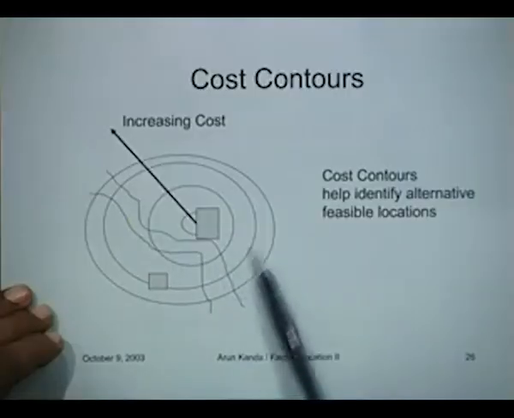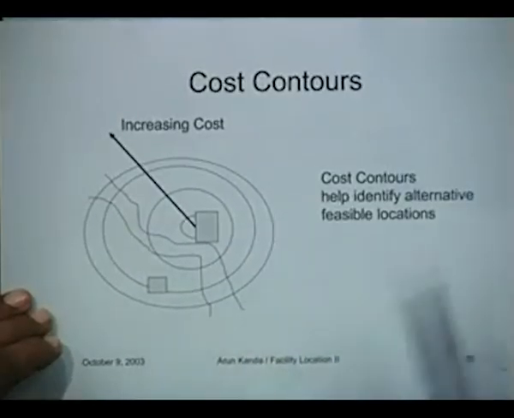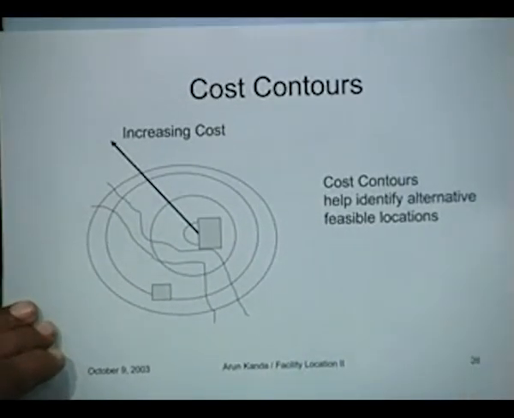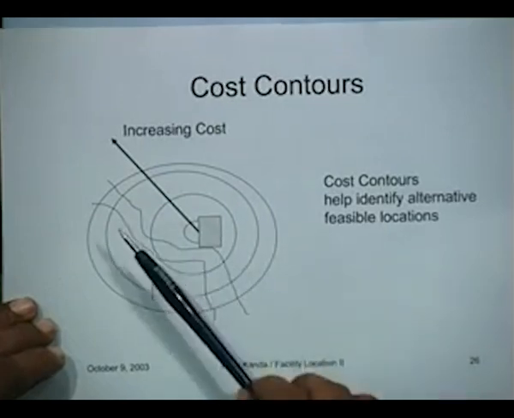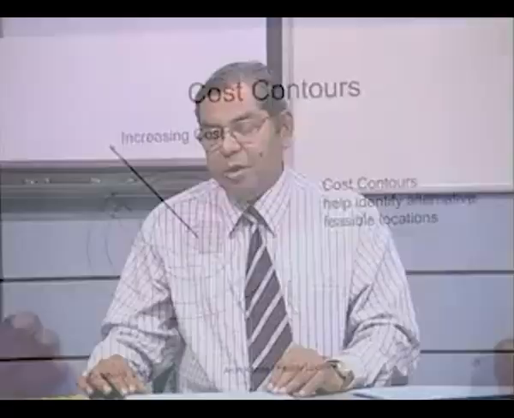Similarly, you have lines of constant cost, and this mapping, once it is done, would give you ideas as to which side you should shift, where the cost is lesser, where the cost is more, and there are procedures to develop the cost contours, and in fact in the tutorial exercises you will have an opportunity to develop these cost contours.